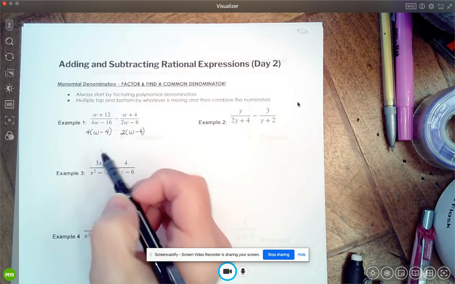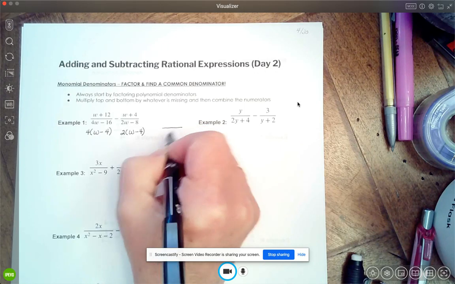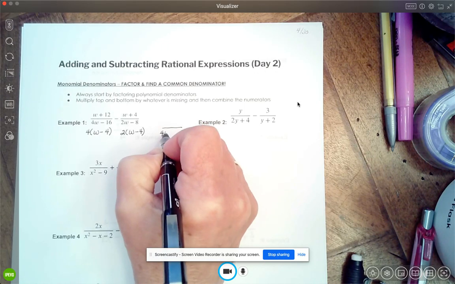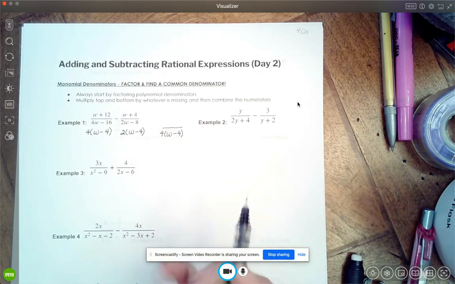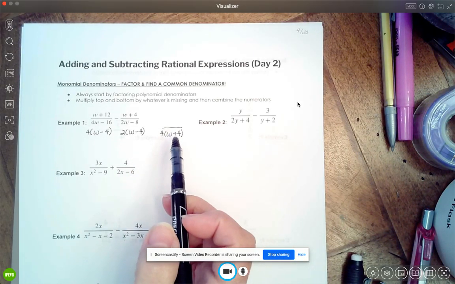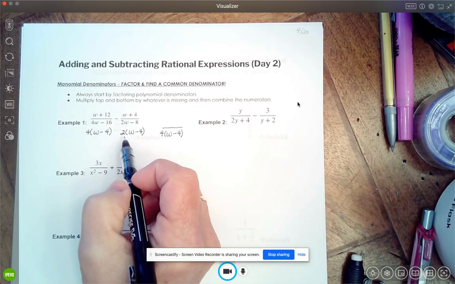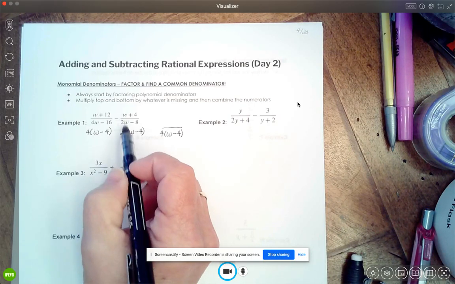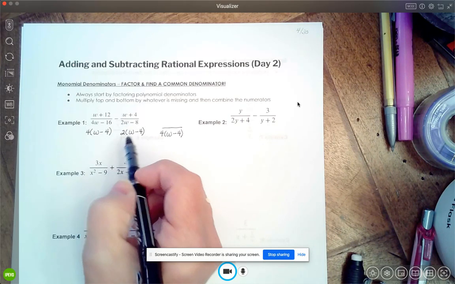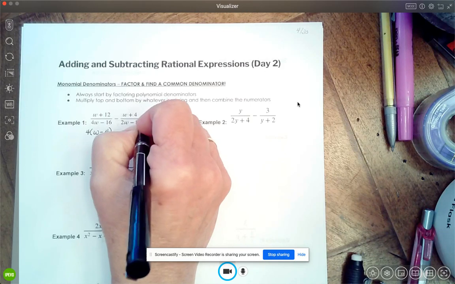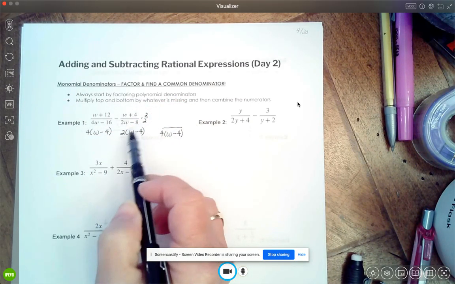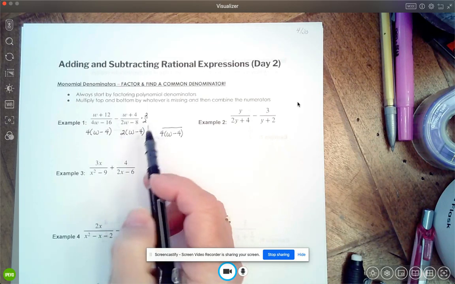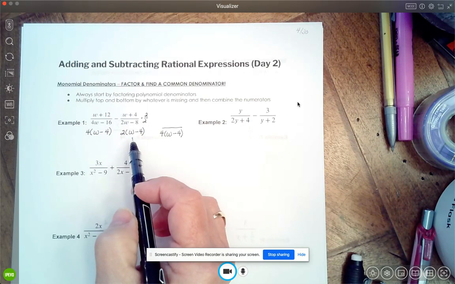So I can see that it is going to be 4 and then w minus 4. If I have this as my denominator, the only thing I need to do is multiply this expression by 2 over 2, because 2 times 2 is 4, and I would have 4 times w minus 4 on each side.